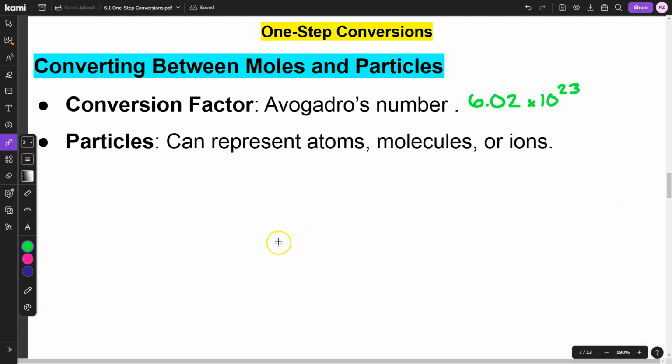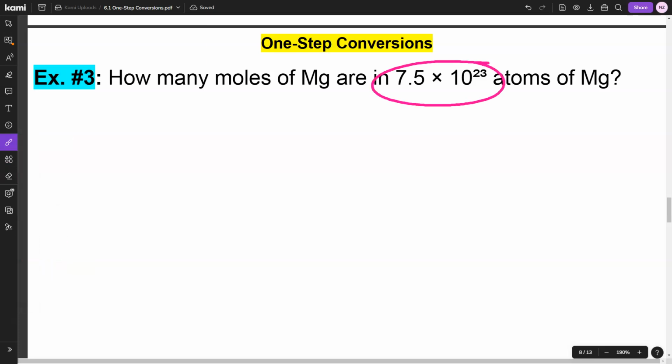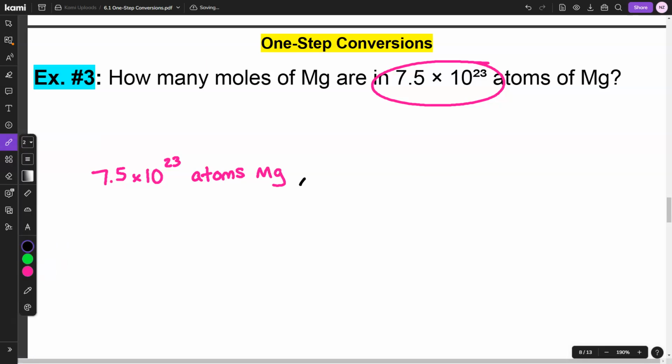So let's do an example. This question says, how many moles of magnesium are in 7.5 times 10 to the 23rd atoms of magnesium? So this is going to be our given here. So I'm going to write that out as awful as it looks. Okay, and I'm going to set up my conversion factor.